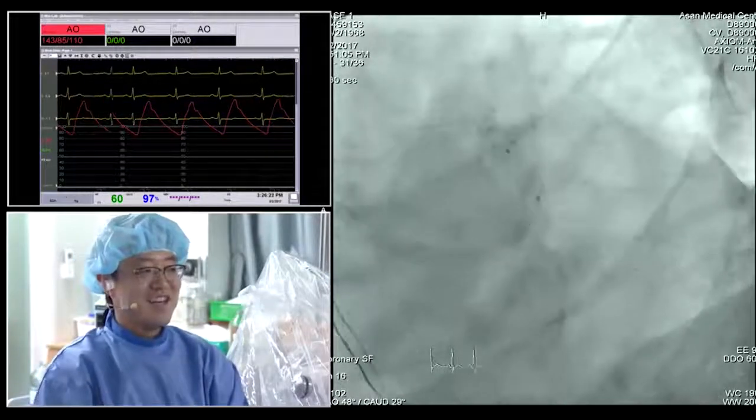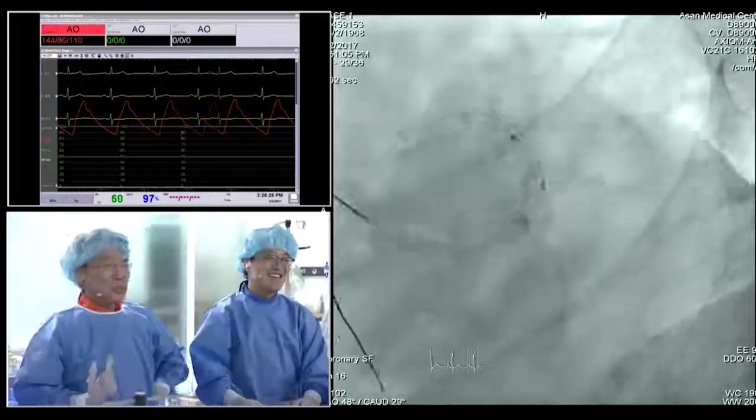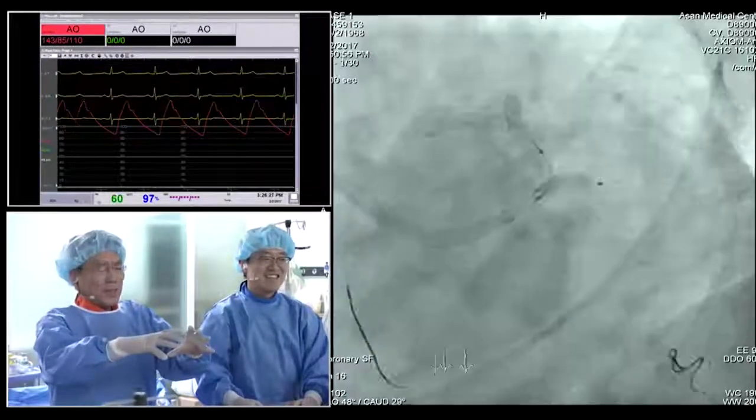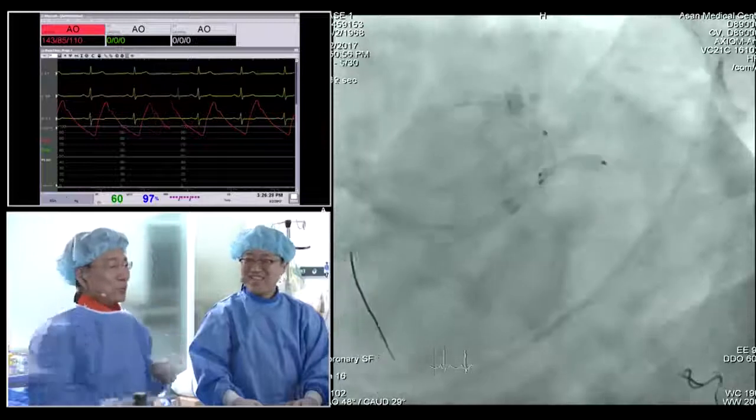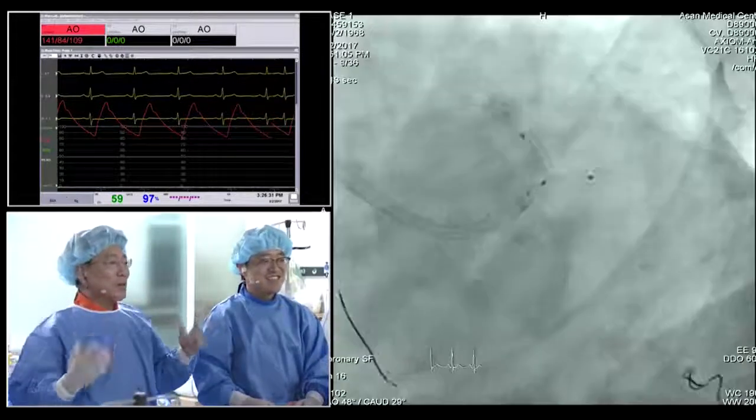I like this part. In the case of a mini crush, just the balloon standing in the side branch and pulling back. I think it is okay.